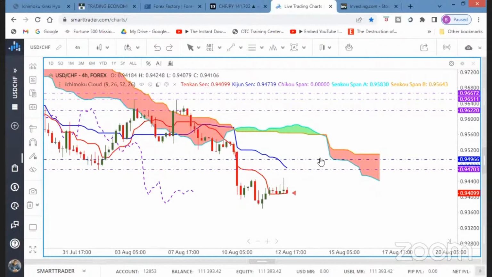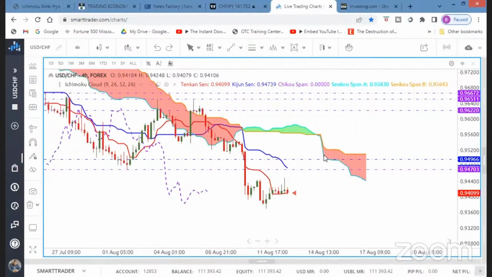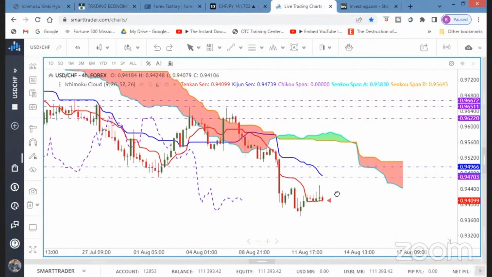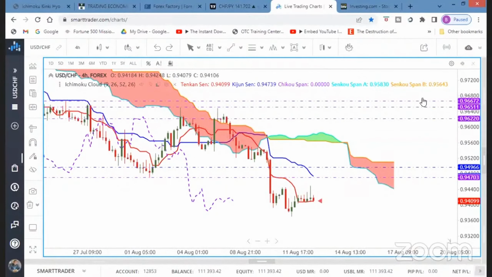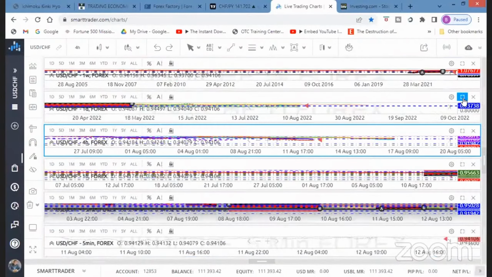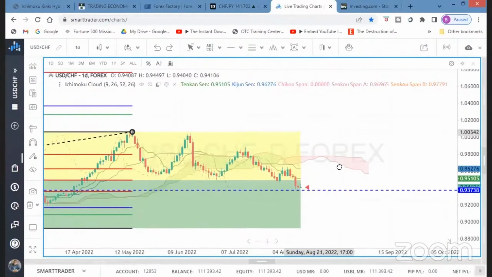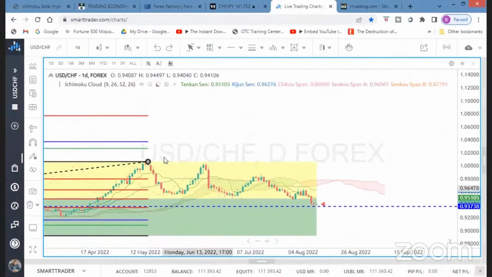This is where it all comes together, and you start to see your cloud change over 26 candles ahead. You get your crossover, you get your Chikou span pushing up beyond price. So there are different ways you can play it. But we know from a daily perspective, if we get long off this level, we've got a long way to go.